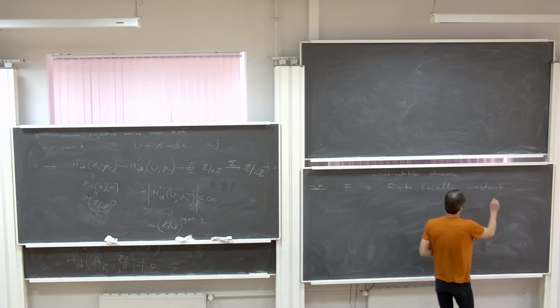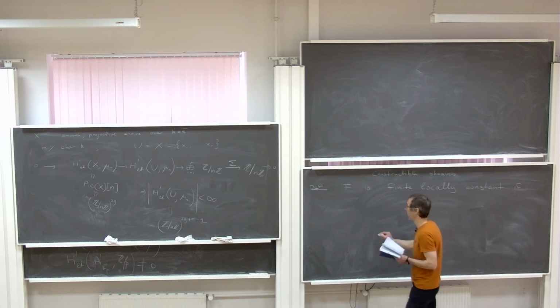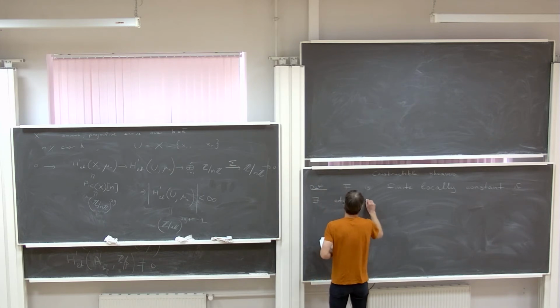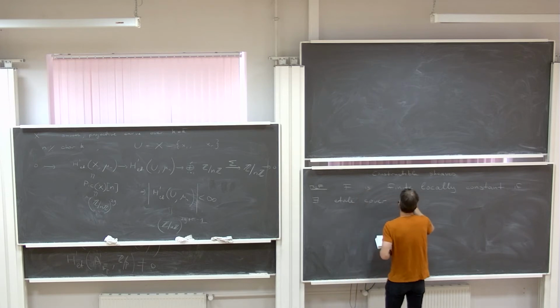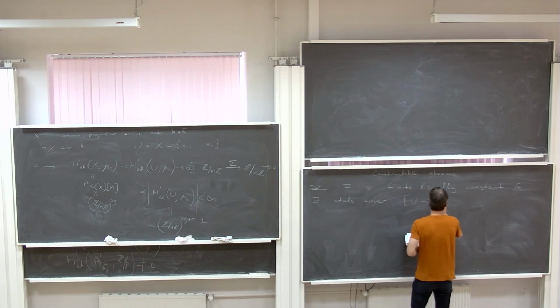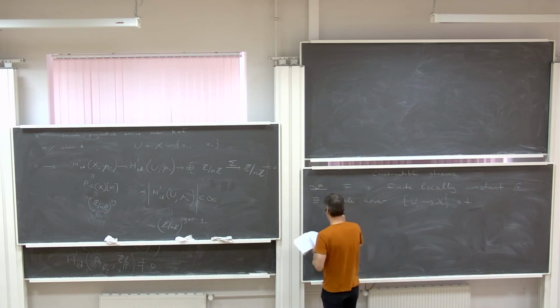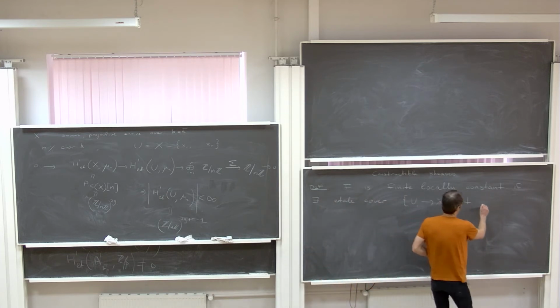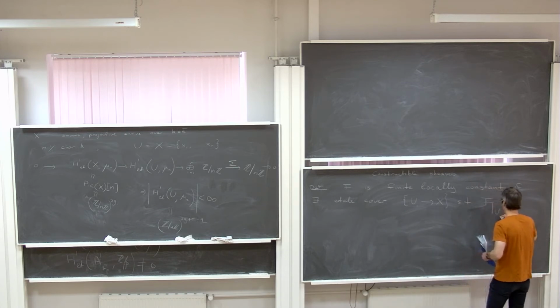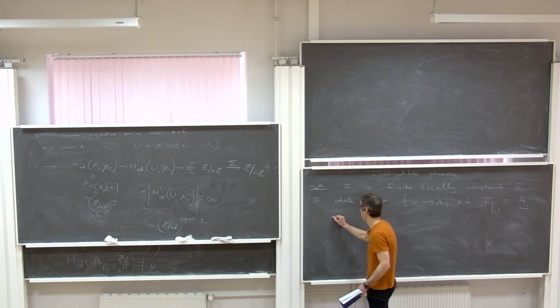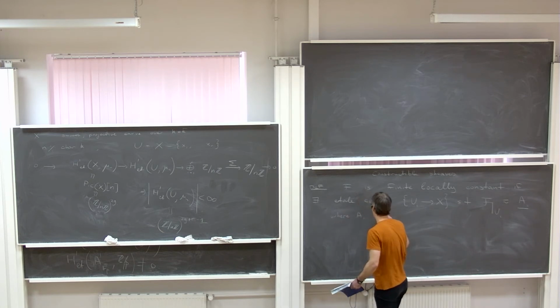if there exists an étale cover U_i to X, such that the restriction of F to each member of this cover, by the restriction I mean the pullback, is constant, is isomorphic to the constant sheaf associated to some A_i, where these A_i are finite abelian groups.